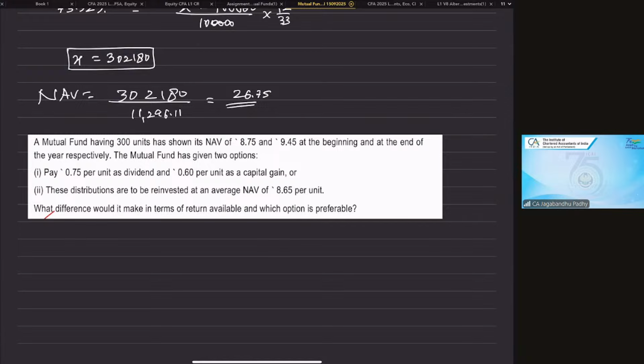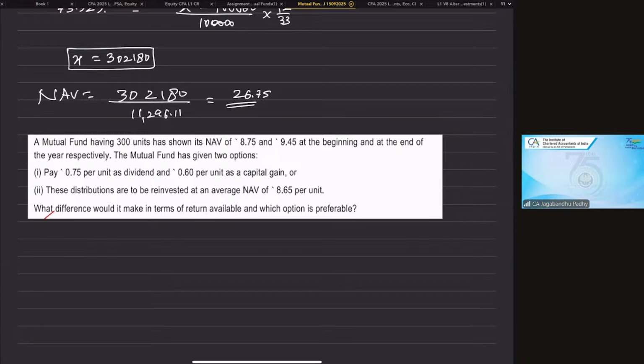So here we need to decide which option is going to be preferable. We will obviously look at what our annualized yield will be if the dividend and capital gain distributions are accepted, and secondly, what the return will be if we get it reinvested.